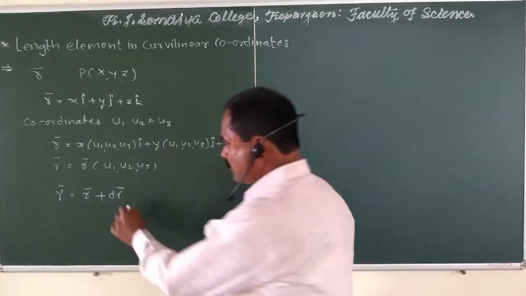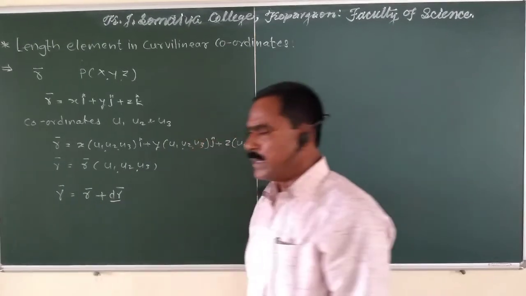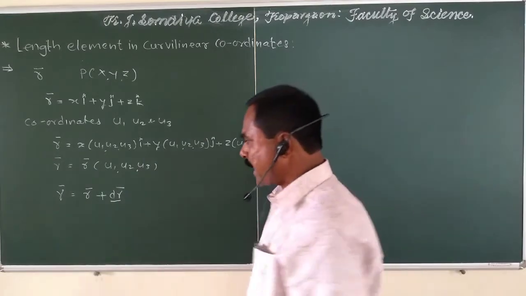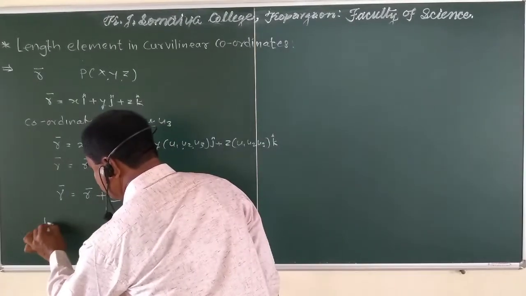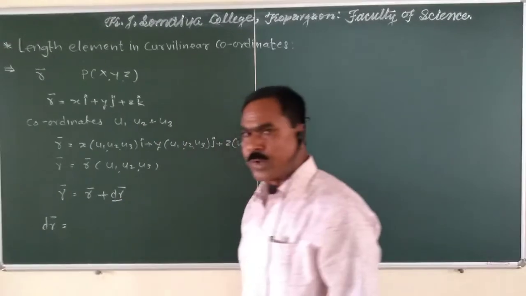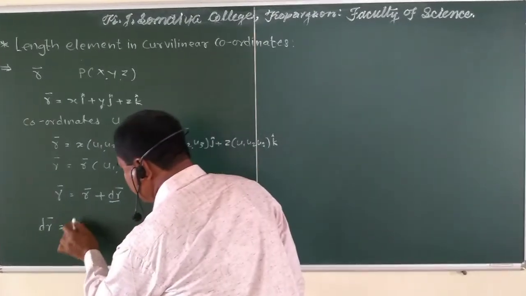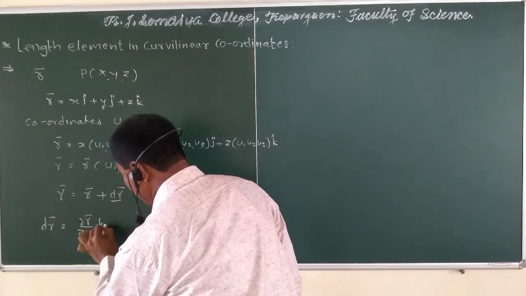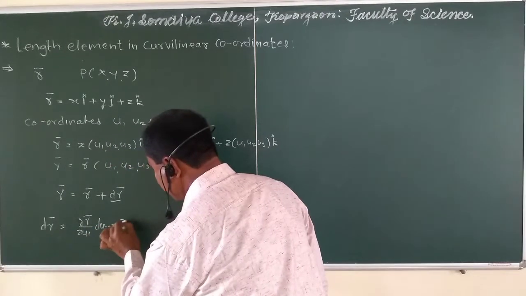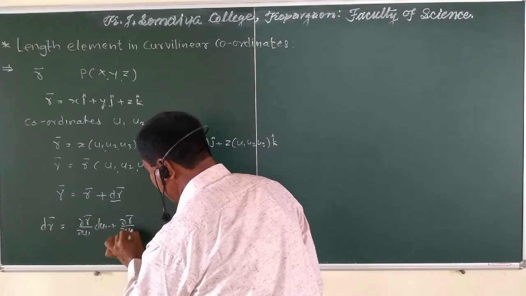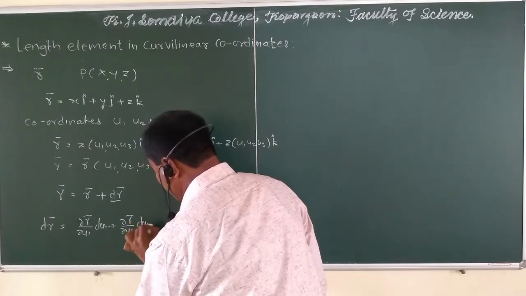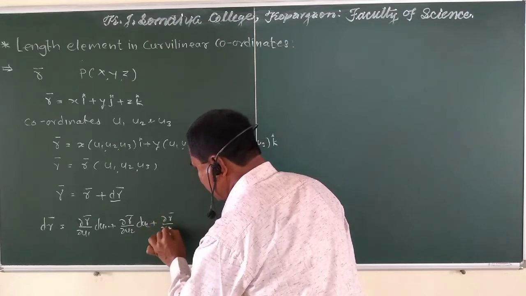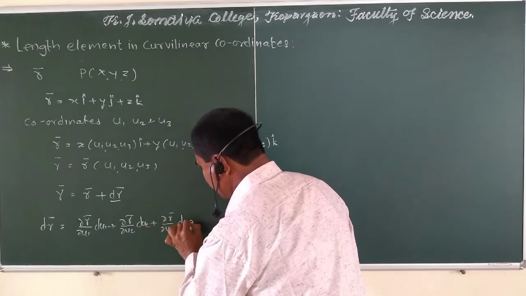Here this d r bar is the total differentiation. So we write d r bar equal to del r bar by del u1 du1 plus del r bar by del u2 du2 plus del r bar by del u3 du3.